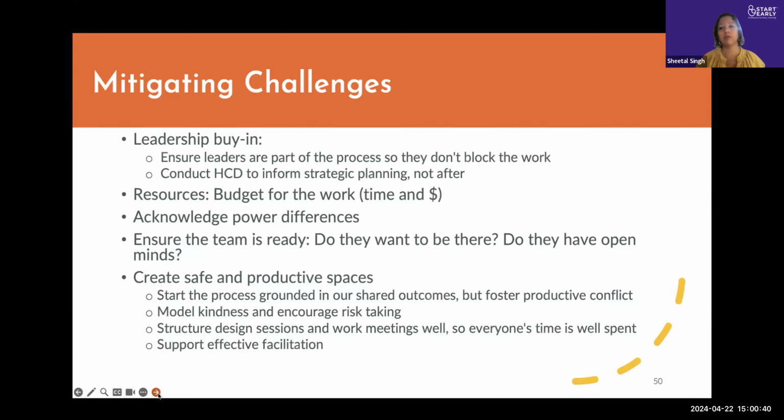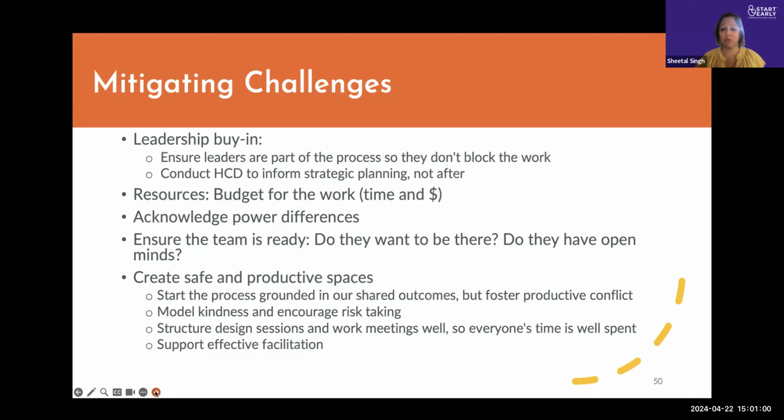So you really want to make sure that if you're embarking on a project like this, you have the buy-in of leadership, which means the buy-in of potentially changing your strategy based on what you're hearing from people in the field. It helps if leaders are part of the process, so they're not blocking the work because they haven't been brought along.